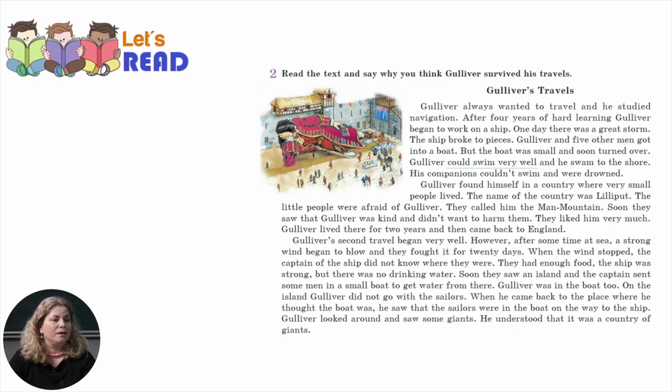Now, let's see what answers I identified. The first one: use "I think", don't forget, you express an opinion. I think he could swim very well, that's why he survived. Others couldn't swim and they drowned. Next one, he was kind. I think he survived because he was kind.